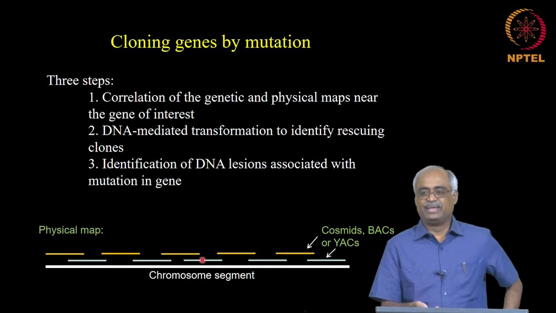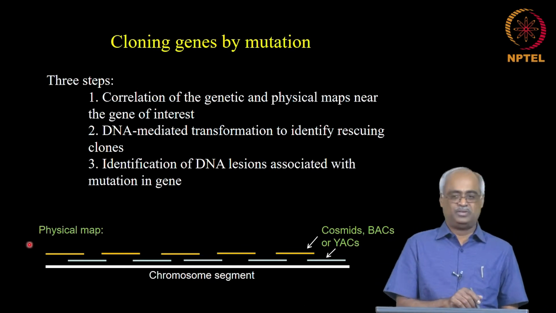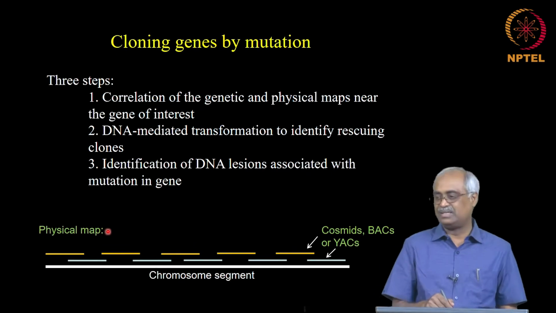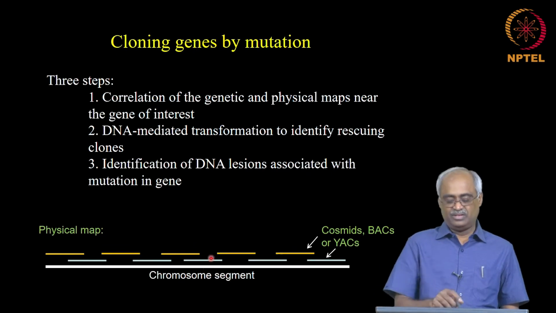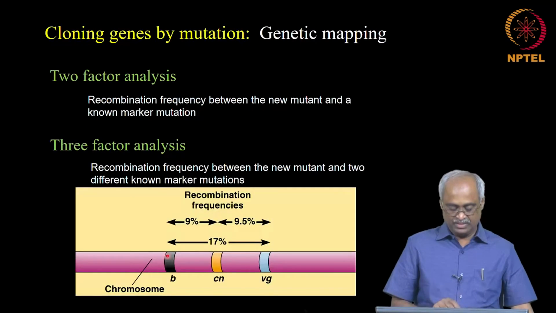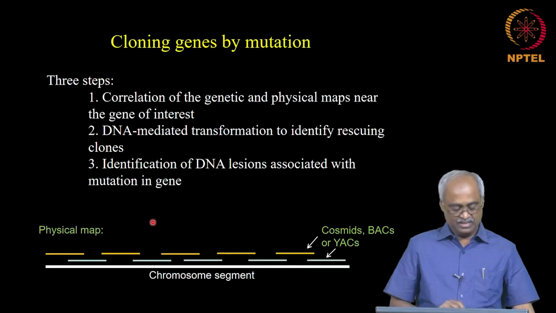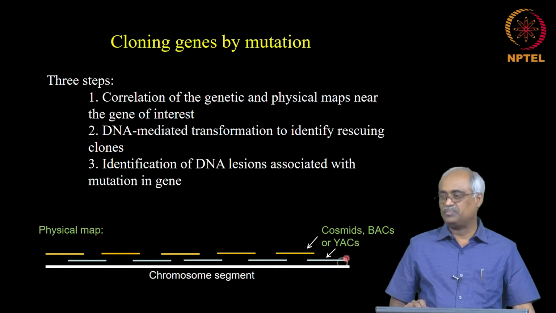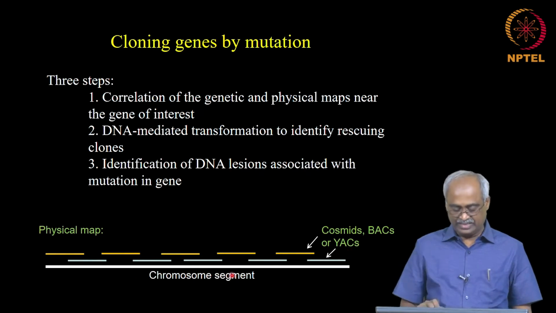For that you need to know the known markers' physical positions, and once you know that, you jump from the genetic map to the physical map. Okay, correlation of the genetic and physical maps near the gene of interest. For that, you need to know this one in the physical map, this one in the physical map. If you know those two cosmids, let us say black is in this cosmid and vestigial is in this cosmid, then you know your gene is within these cosmids.